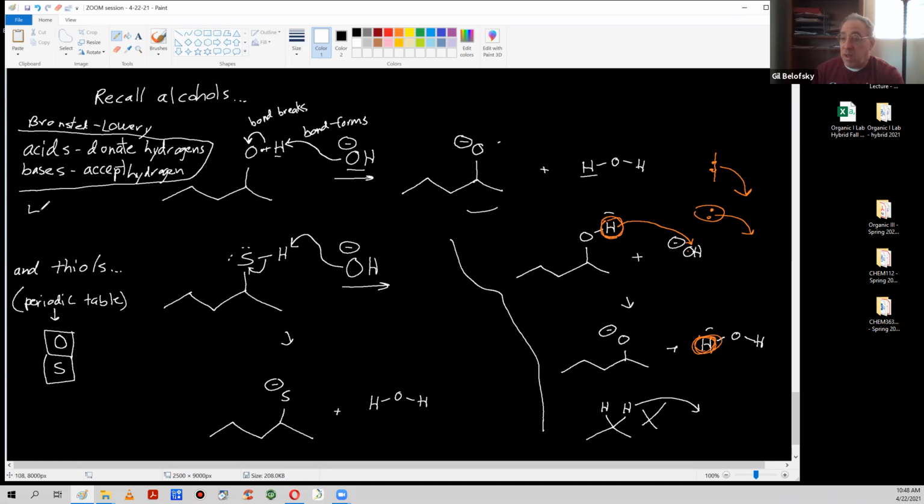But there's the Lewis acid-base definition. Lewis acid accepts electrons. And Lewis base donates electrons. Sorry for squeezing this in on the side here, but that also fits perfectly with what we're seeing here.